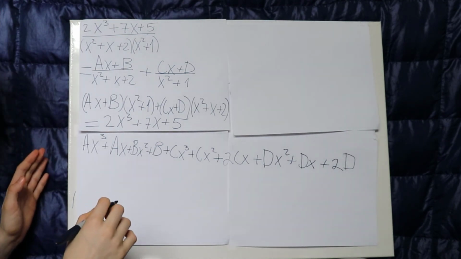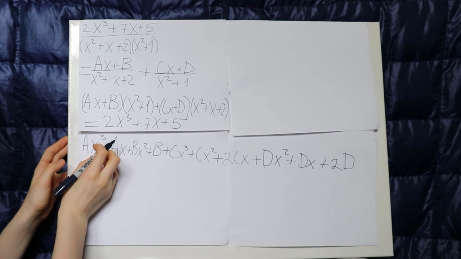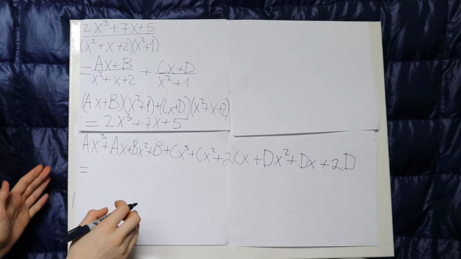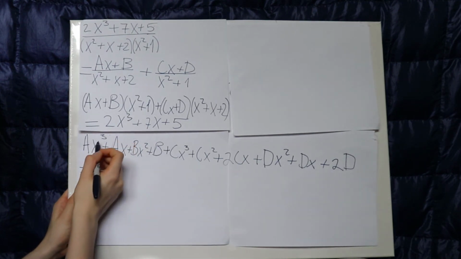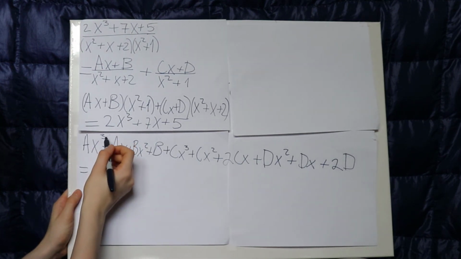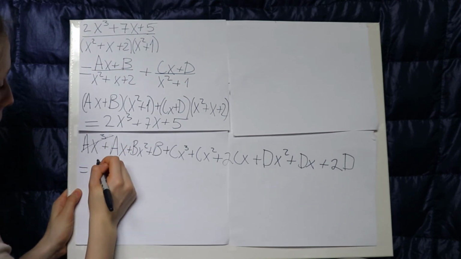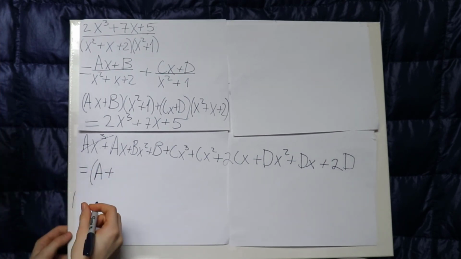But now we just need to get all of the x to the third, x squared, x, and 1's factored out. So let's start with the biggest ones. Ax to the third. X to the third we factor out. So we would get A plus, what else has x to the third?